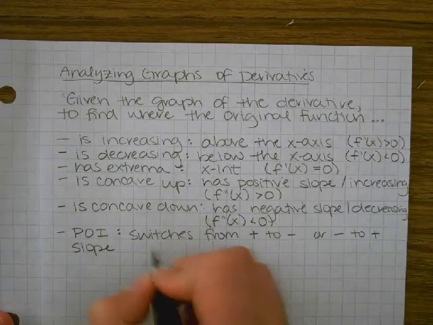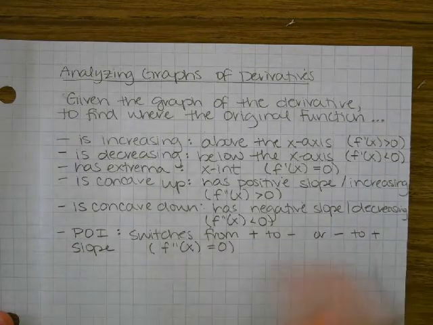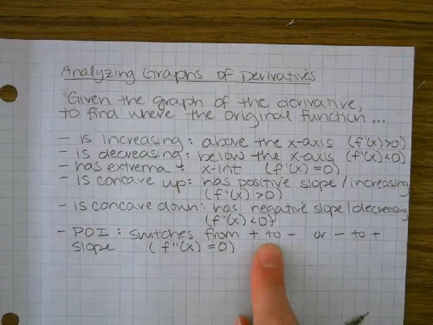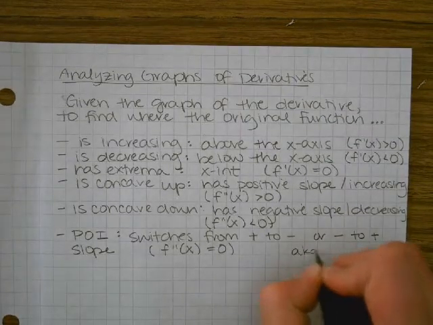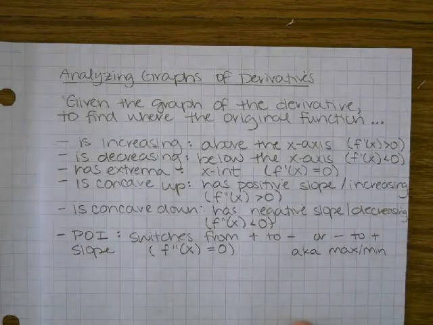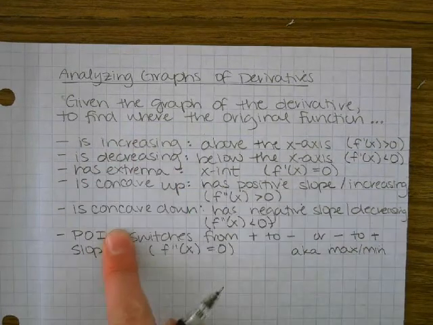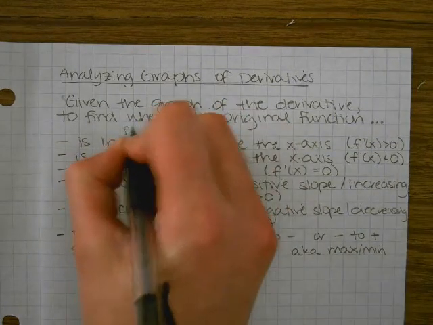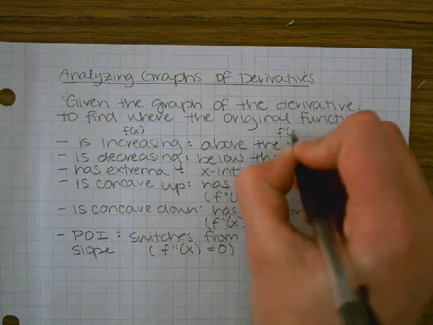And the reason that works is because the second derivative equals 0 at those points. So these are maxes or mins of the derivative function. All right. So the left side over here describes the function itself, so f of x. This part over here describes the derivative.